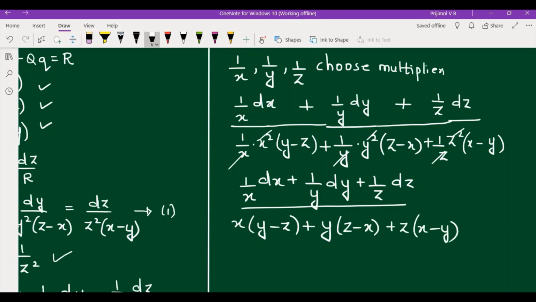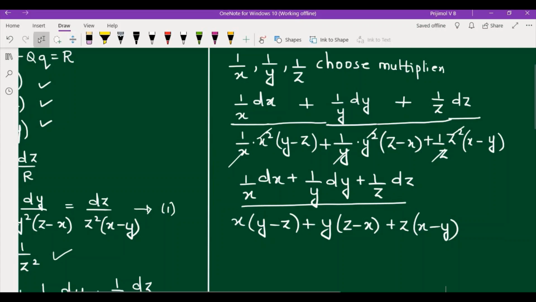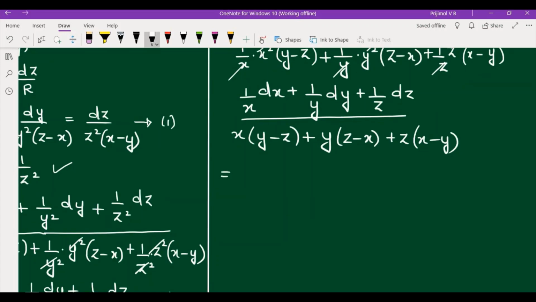If you open the bracket, the denominator becomes 0. So you get the ratio as 1 by x dx plus 1 by y dy plus 1 by z dz, the whole divided by 0, which is equal to any one of these ratios.